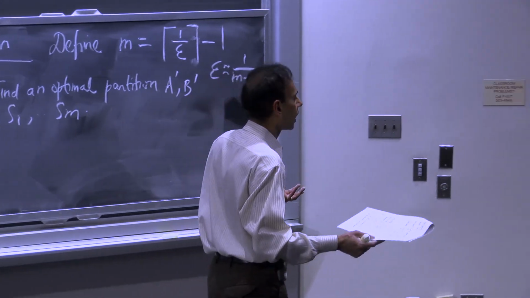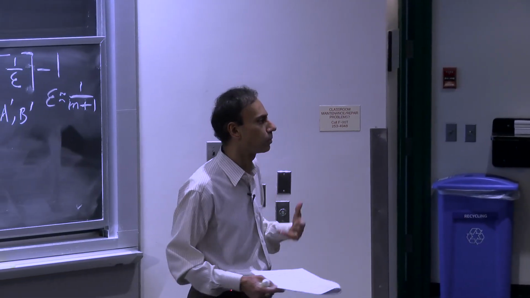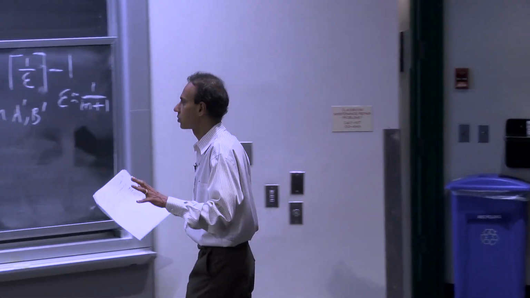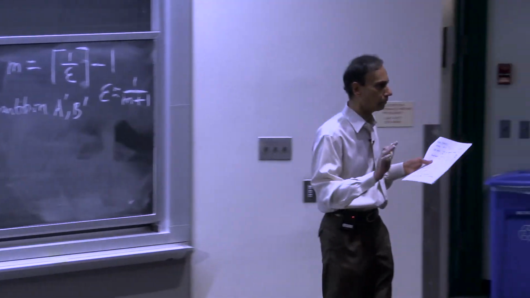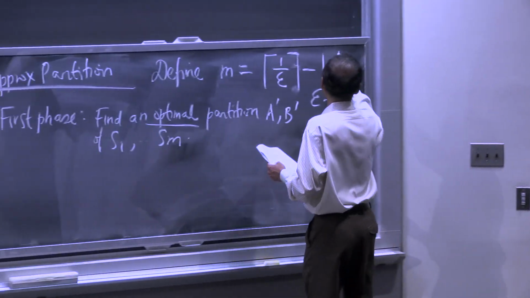And how many subsets are there? For a set of size m, it's 2 raised to m. So this is going to be an exponential order 2 raised to m algorithm, okay? I'm just going to find the optimum partition through exhaustive search for m, right? m is less than n.